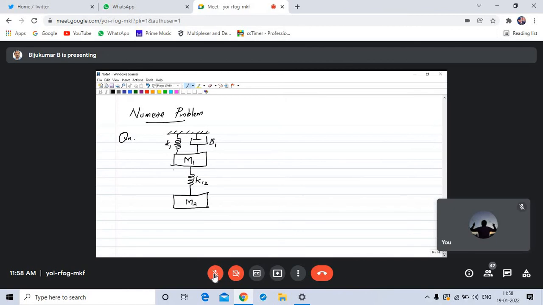Suppose I am having a force, applied force at mass M1, let it be F. There will be a displacement x1. Here there will be a displacement x2. So this is the mechanical system.